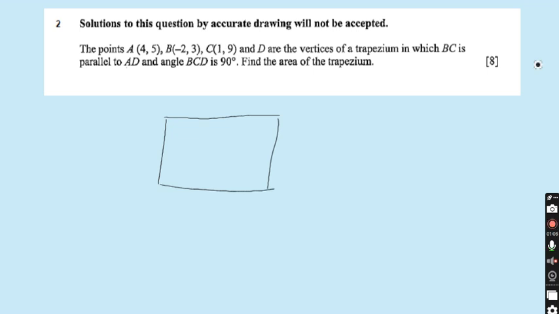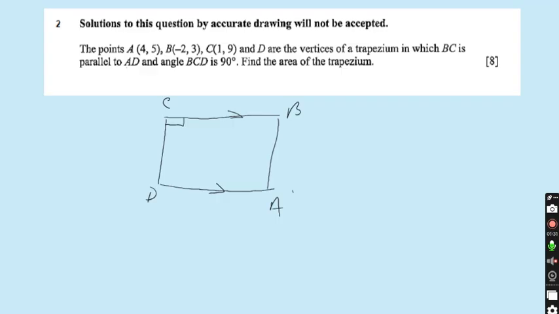So you can assign the names A, B, C, D. According to the question, BC is parallel to AD, so this line is parallel to this line, and the angle BCD is 90 degrees.